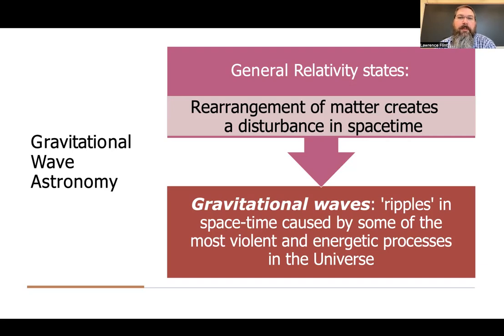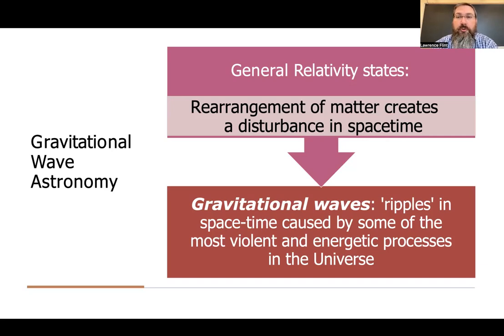All right, so the topic for this evening was general relativity and how it relates to gravitational waves. From Einstein's general relativity, we know that matter causes a dent in space-time. It turns out that if matter is stationary in space-time, that dent is relatively static.